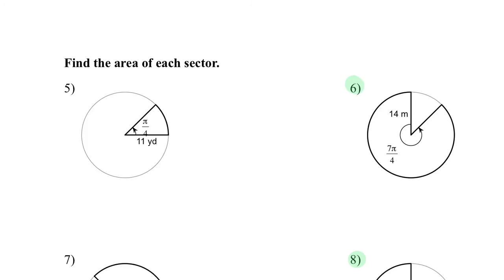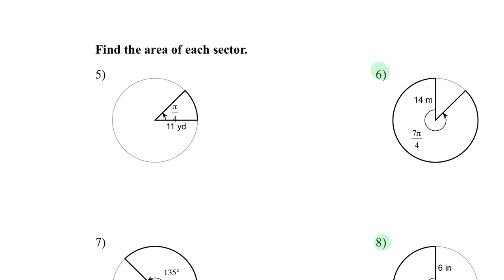Let's see the next one. So the next one, again, here my area. My area here is 1/2 r squared times theta. So that means that area equals 1/2 times 11 squared times pi over 4. Again, theta, remember, is in radians.